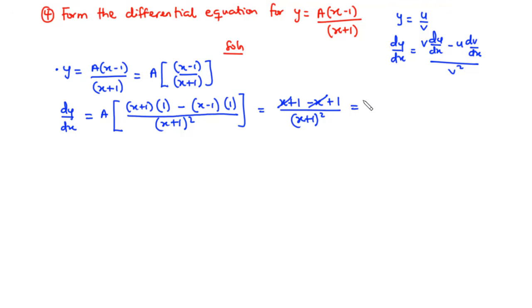We are left with 1 plus 1, which is 2. So 2 over (x plus 1) all square. So we have times a. So that is dy/dx. So dy/dx is equal to 2a over (x plus 1) all square.